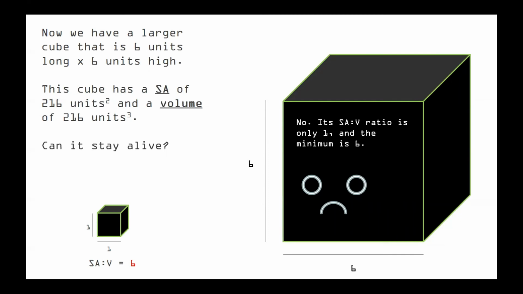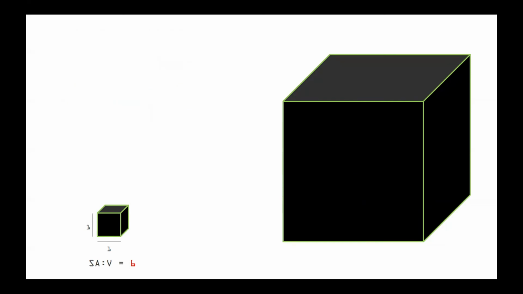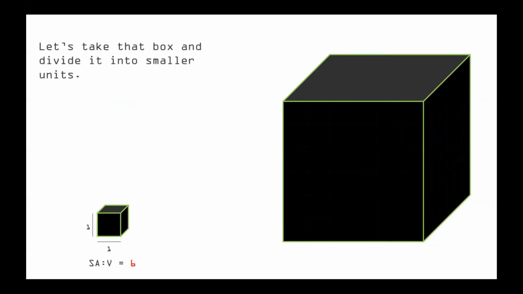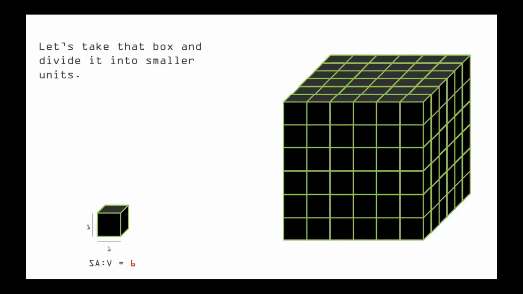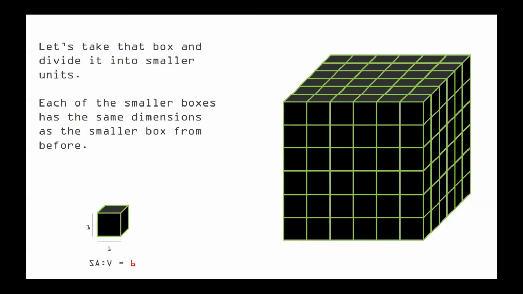But we obviously have things on this earth that are larger than a single cell. So how do we achieve this? Let's divide our box into smaller units. So it's still overall the same size, but smaller. Each of the smaller boxes within our larger box has the same dimensions as our smaller box from before.